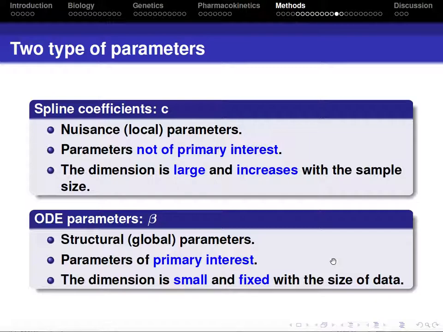Also, the dimension of these ODE parameters is small and fixed with the size of the data, right? The number of ODE parameters is generally small, and these parameters will not change when you have more data. It's fixed by the ODE model.